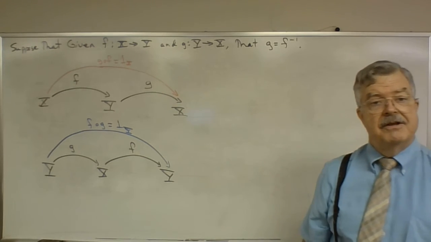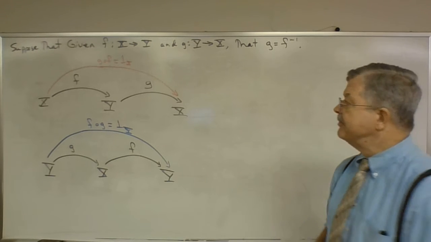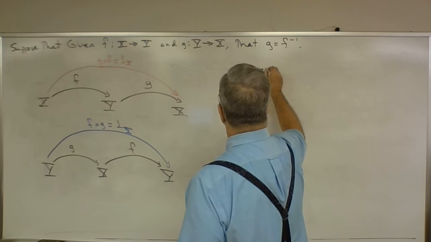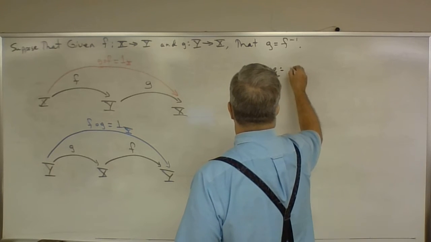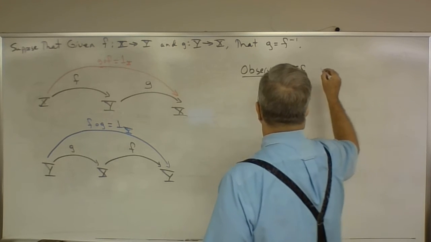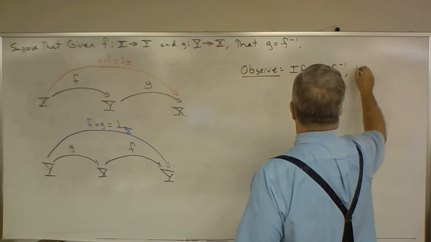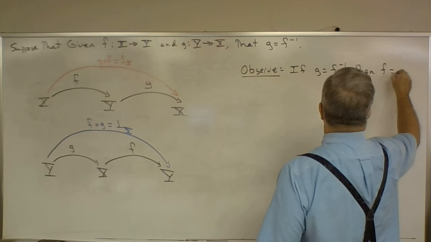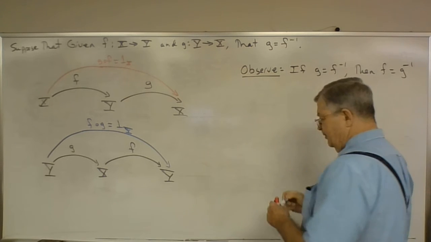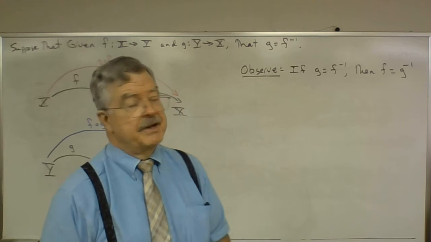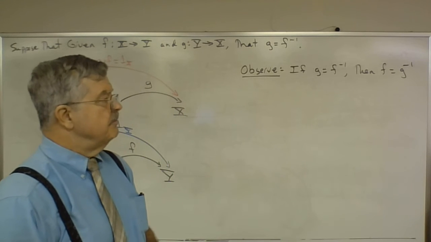And the answer is we can say that. So if g is the inverse of f, then f is the inverse of g. It's that simple.